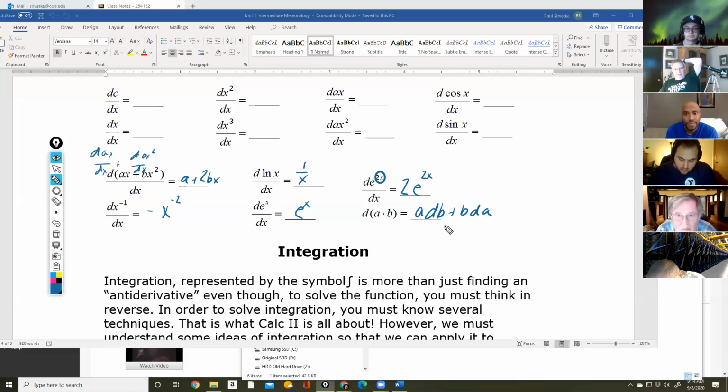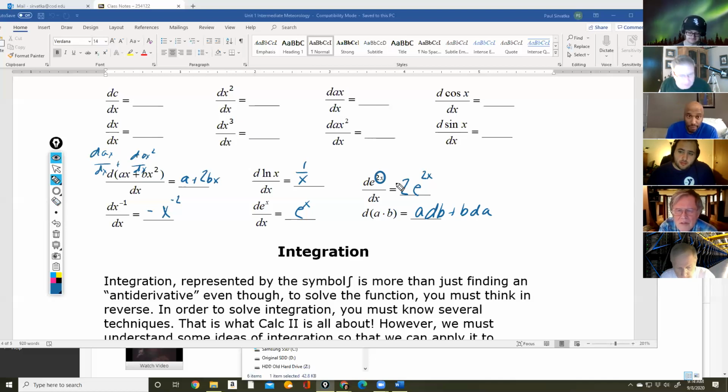Okay, so are we good with all those? So there's your derivatives. I'll give you derivatives on a test that should be pretty easy because these are the key ones. I'm not going to give you any funky sine x, cosine squared x type stuff. These are the ones that we need for this entire class.